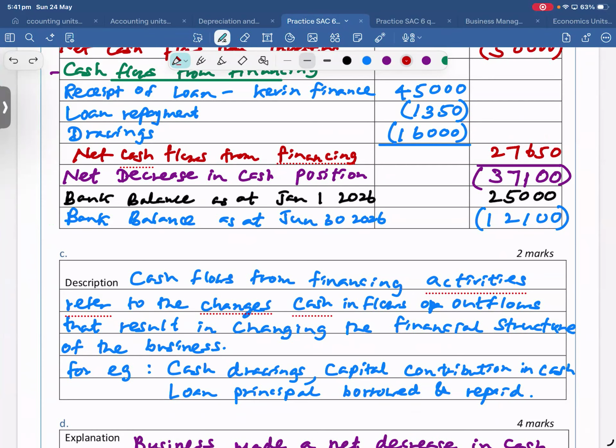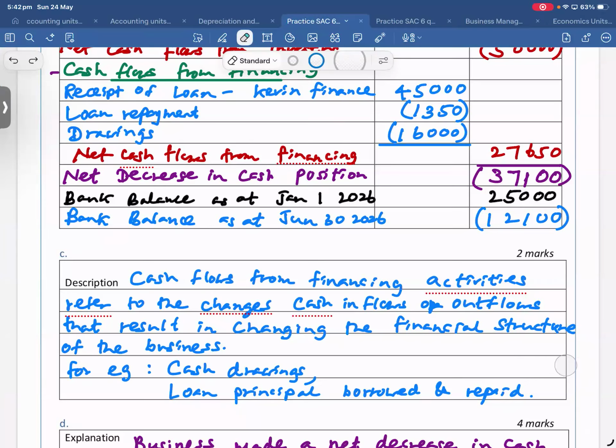Yeah, we can still do that. So the only thing that I have to check is capital contributions, yes. What about the bond? Isn't that going to financing? Yeah, it's in there.